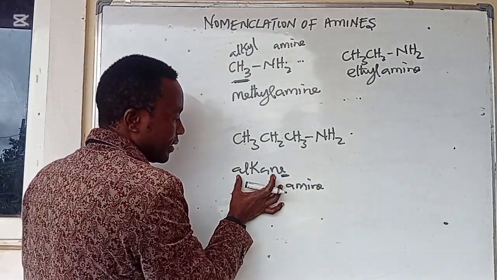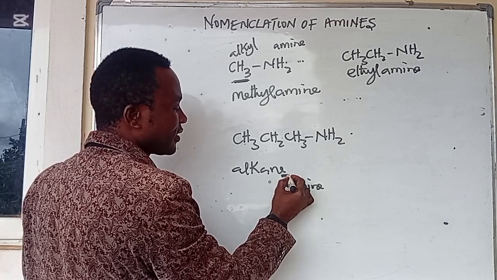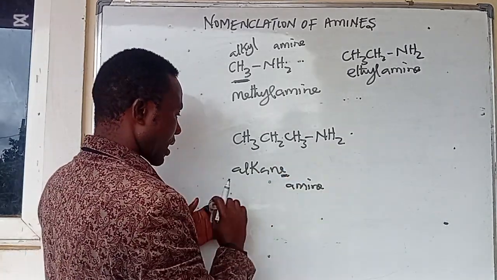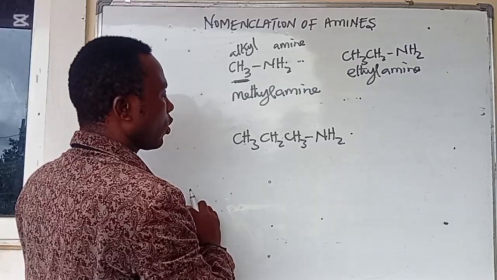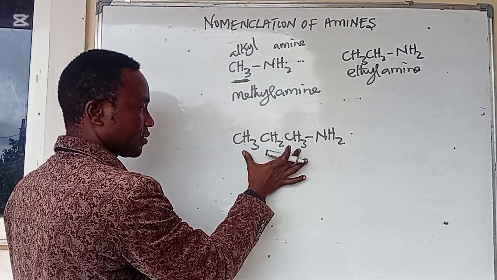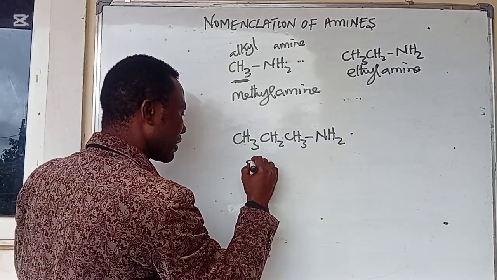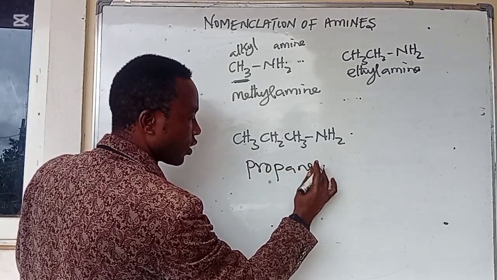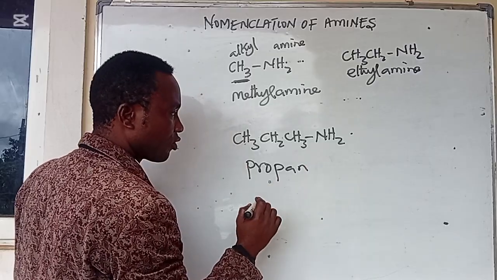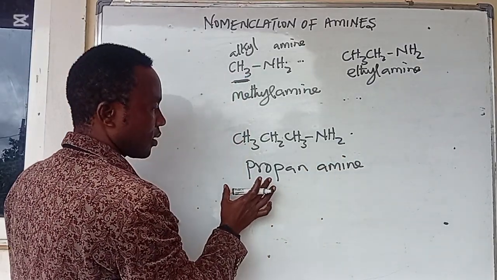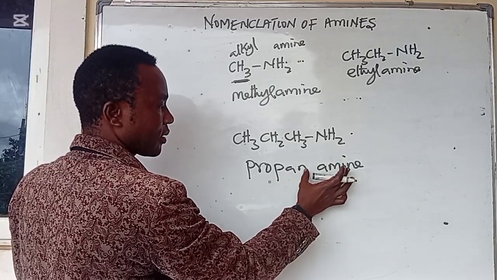Now, if I want to name this, what is the alkane with 3 carbon atoms? That is propane. But I will remove the E and replace it with amine. That is propanamine.